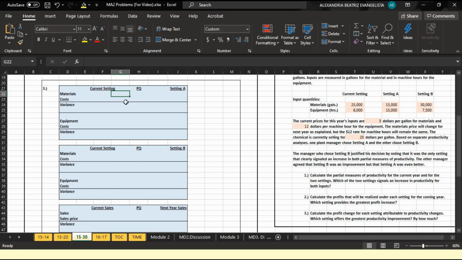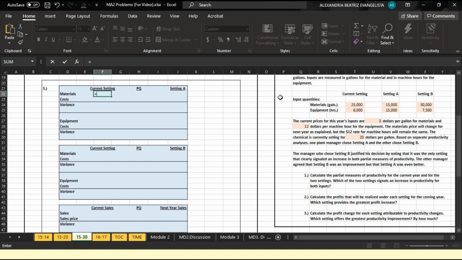So in here I have already again laid out the table for easy computation. So first we're going to place all of the actual quantity for the current settings, PQ, and setting A. Oh, and by the way, we're going to analyze first the changes in productivity for setting A.